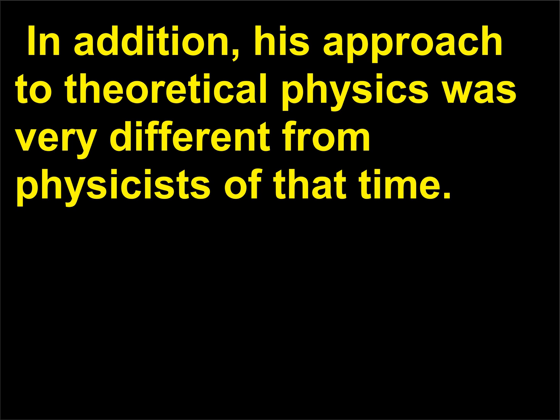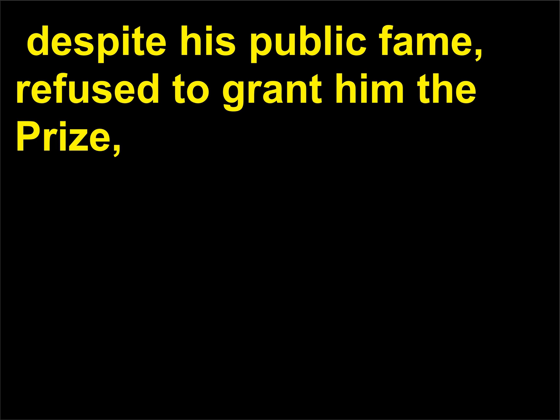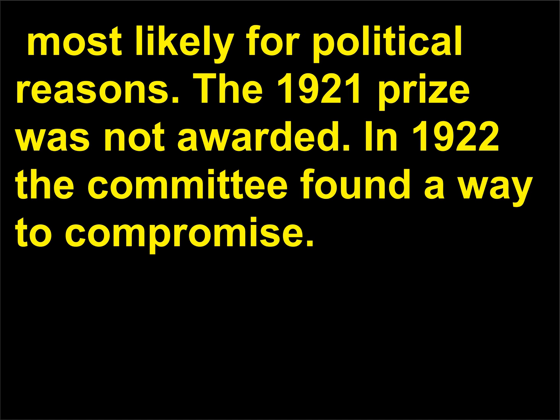In addition, his approach to theoretical physics was very different from physicists of that time. He was repeatedly nominated for the Nobel Prize, but members of the prize committee, despite his public fame, refused to grant him the prize. Most likely for political reasons.